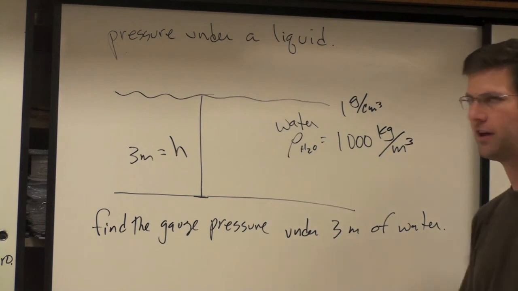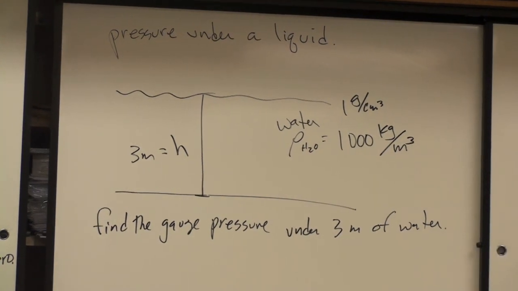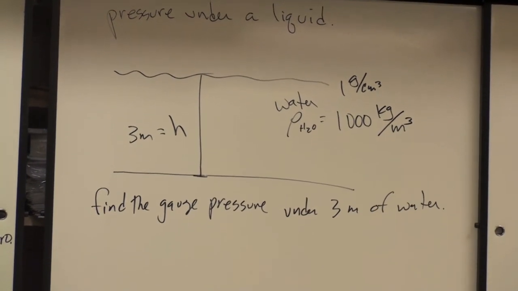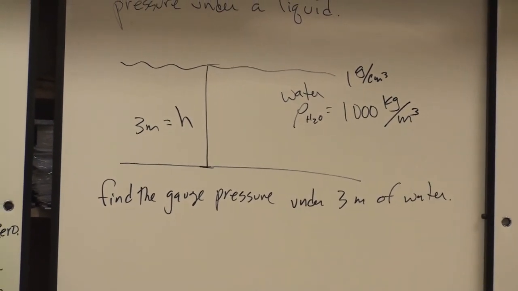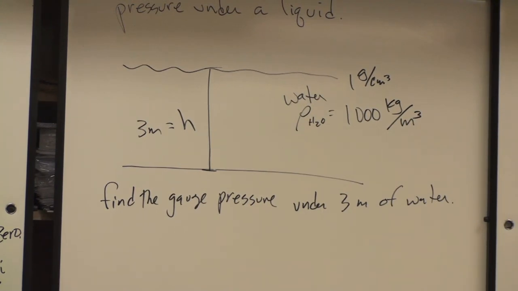So you swim 3 meters down in the pool, that's about 10 feet. A 10-foot basketball hoop is 3.05 meters, so almost 10 feet.